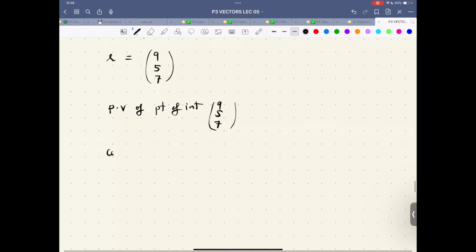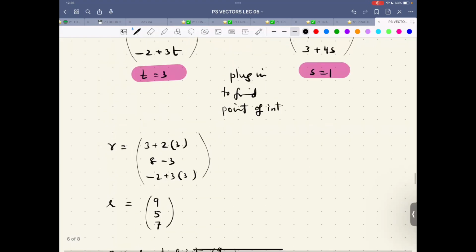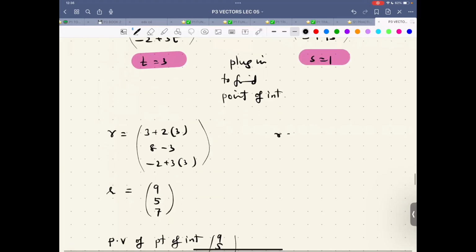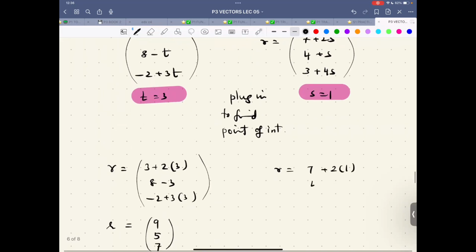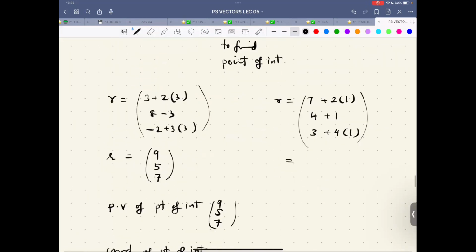If they would have asked for coordinates of the point of intersection, just write it horizontally, which is (9, 5, 7). Double check with s equal to 1. R is equal to 7 plus 2 times 1, 4 plus 1, 3 plus 4 times 1. So 7 plus 2 is 9, 4 plus 1 is 5, 3 plus 4 is 7.